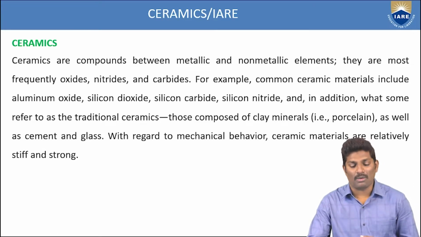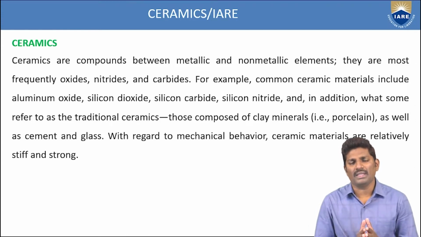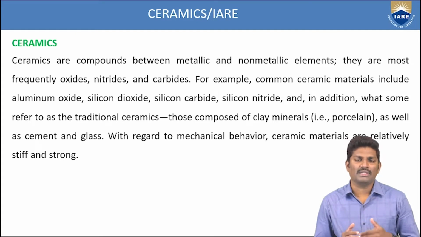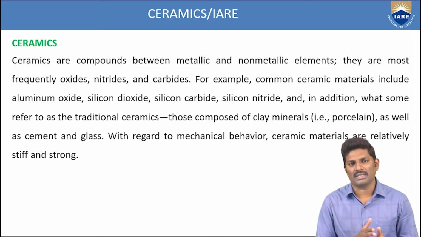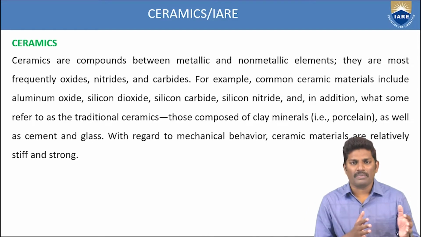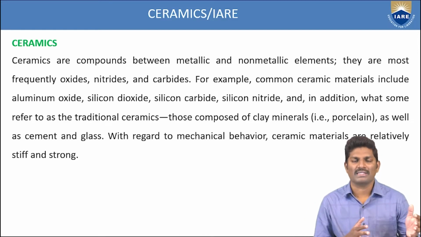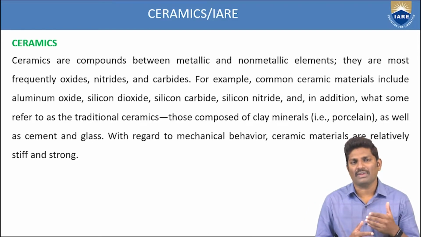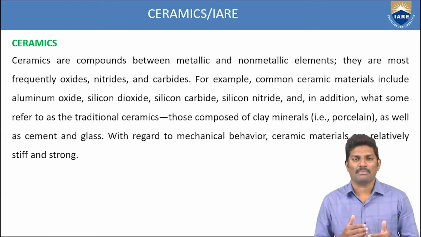Now, ceramics are compounds between metal and non-metallic elements. In the iron-carbon phase diagram, we have seen that during the phase transformation, we get different types of elements depending upon the composition as well as the temperature.